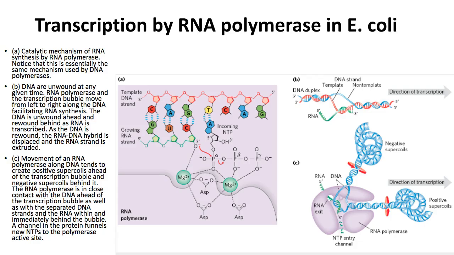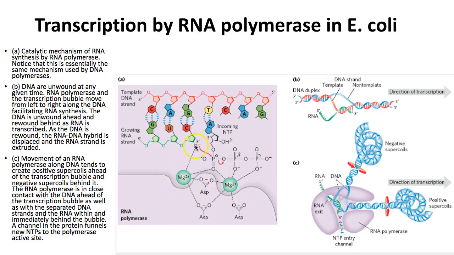As far as the transcription by RNA polymerase, it is pretty much essentially the same as the mechanism used by DNA polymerase. As a reminder of what happened in the lecture about DNA metabolism, we have the magnesium 2+ ions.